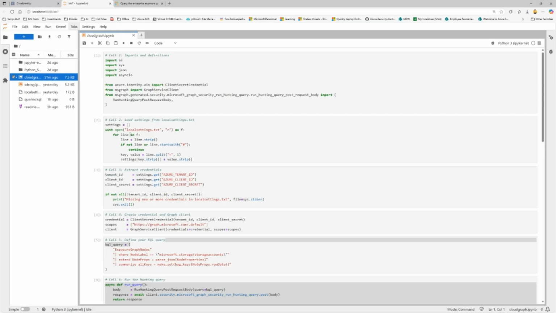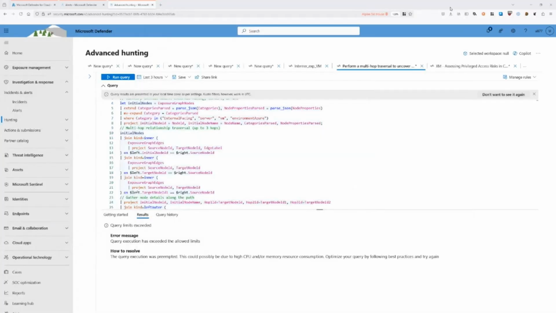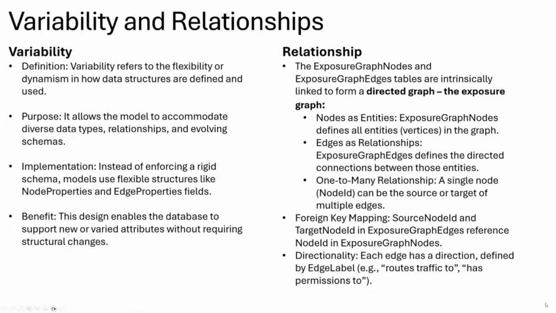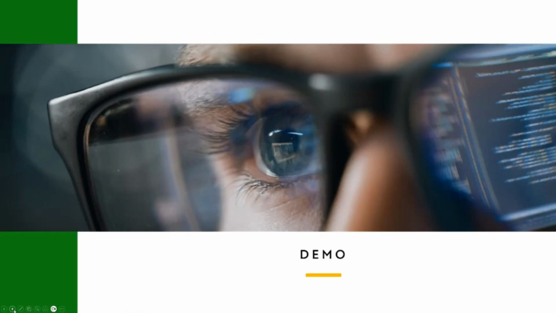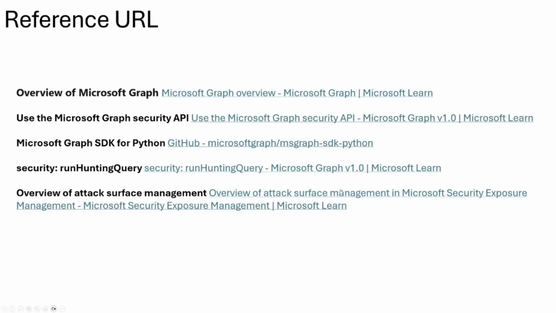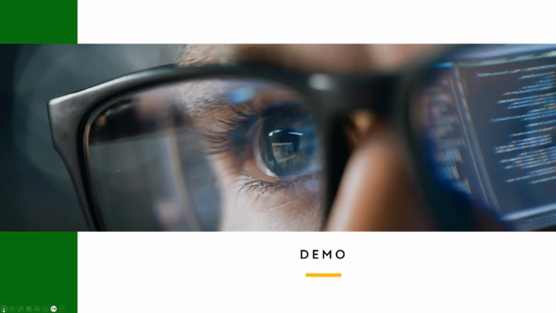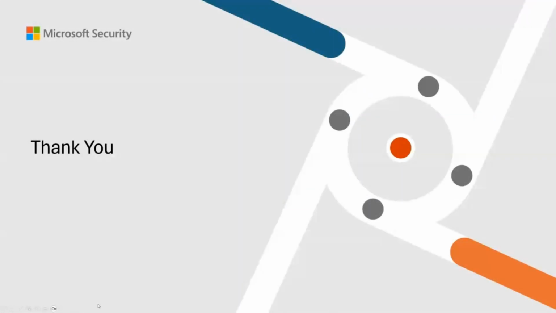All the information about the actual SDK, how you install it, where you get it from, and all the information about the endpoint is included inside my deck at the end. So you have all this information in order to replicate some of what we did so far. And now I want to thank you for all your time, and I'm open for questions.